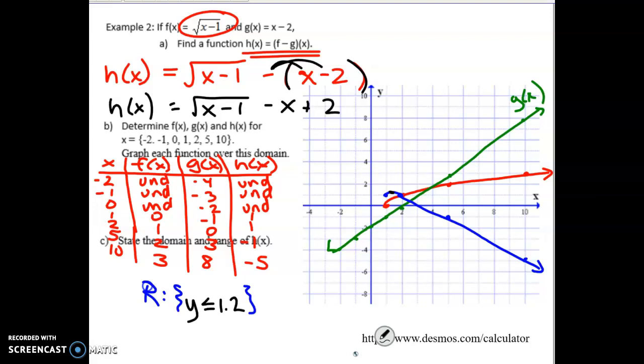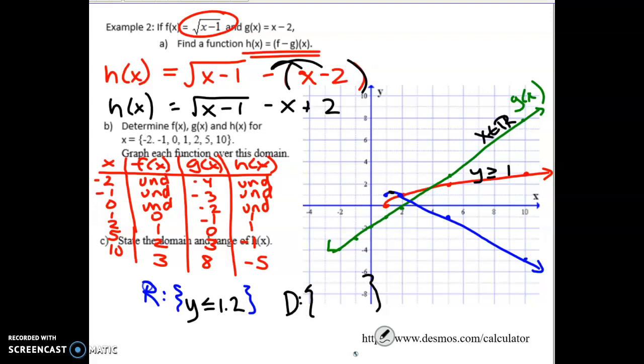Now the domain, I know the domain from looking at the graph, but I also could tell the domain from looking at my other two original functions. So the domain of g of x is an element of the reals, and the domain of f of x is greater than or equal to 1. So when I compare these two domains, my new function is going to be what's common between the two domains.